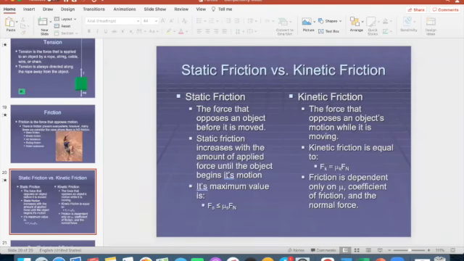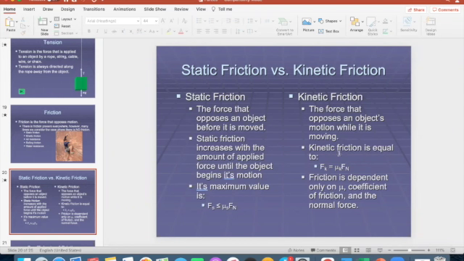All right, so static friction, this is the force that opposes an object before it's even moved. Your static friction is just a force, subscript S. And you have your kinetic friction. This is the force that opposes the object's motion while it's in motion, so while it's moving.